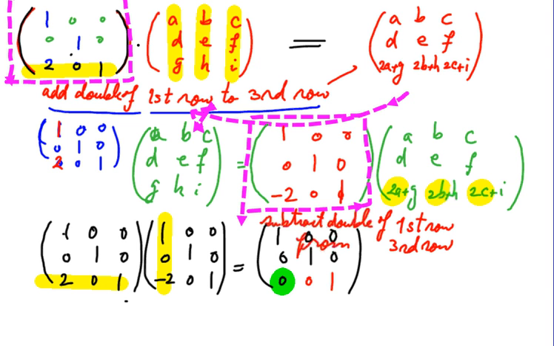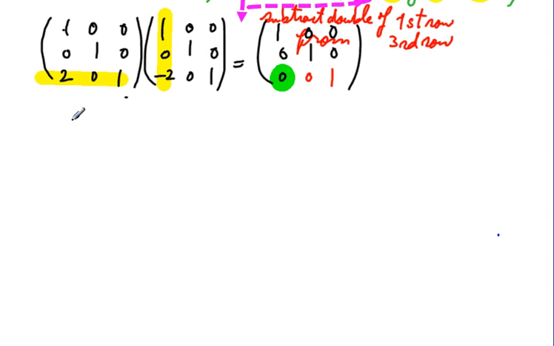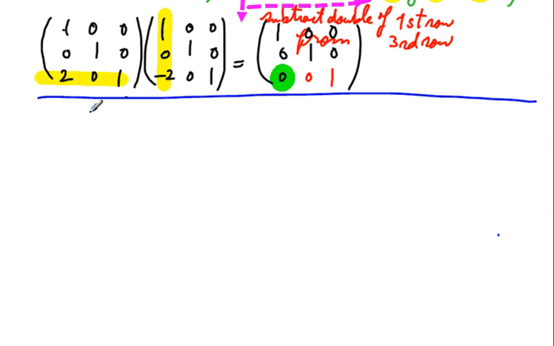So let's just quickly review what is the inverse of each of these matrices we have talked about. Let me see if I can ask you to quickly write the inverse of each of these matrices.